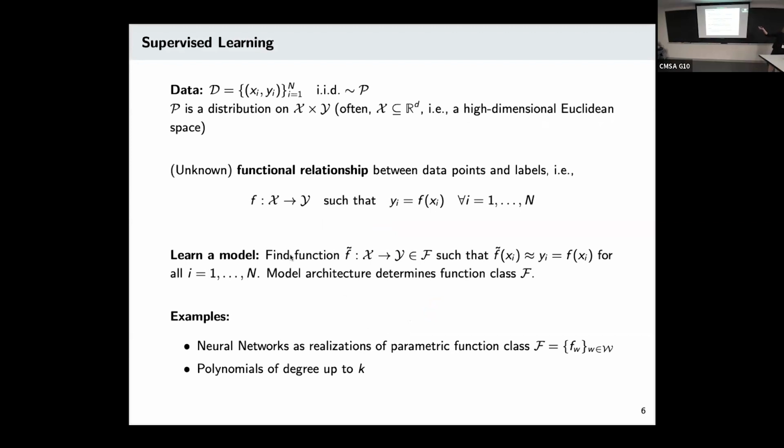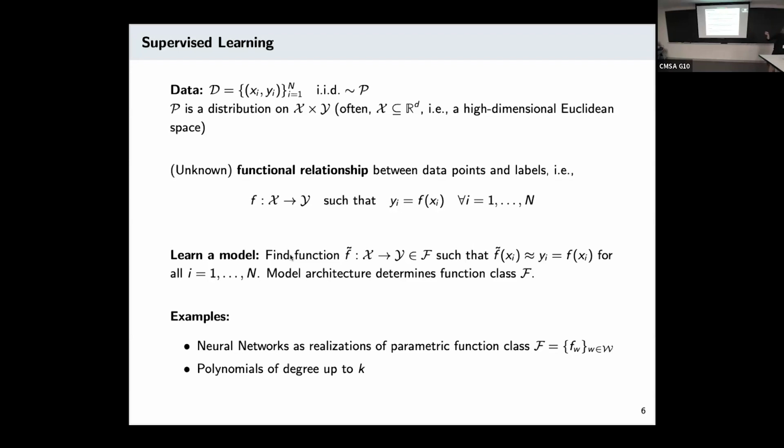So our data set consists of pairs of data points and labels, xi and yi, that are drawn from some distribution over the data and label space. Typically, we assume that the data space here is some high dimensional Euclidean space, which again might have some additional structure. And then we assume that there's some functional relationship between the data points and the labels, right?